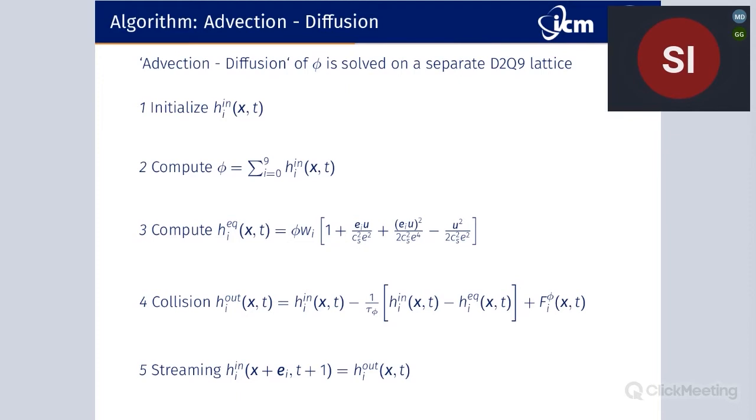And instead of the f letter, we'll use a different letter. This will be a different variable in the code, and it will account for the distribution of this passive scalar field. And the coupling is given in terms of the velocity. So here we plug in the velocity of the external flow solved in the hydrodynamic sphere by these f distributions.